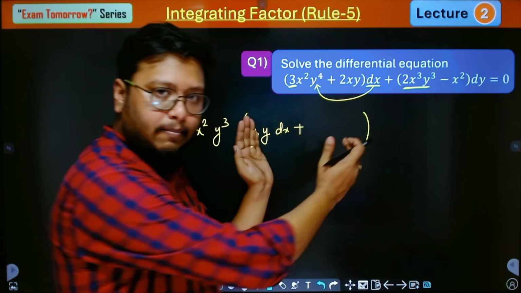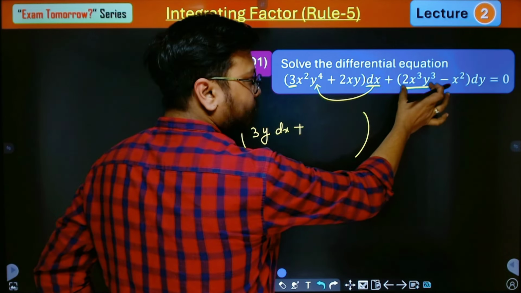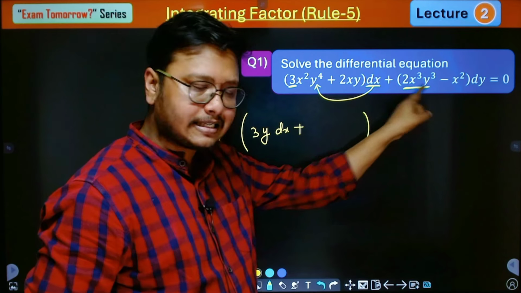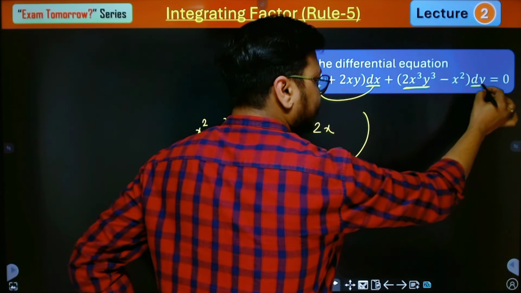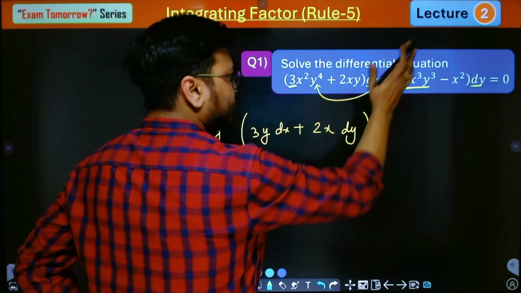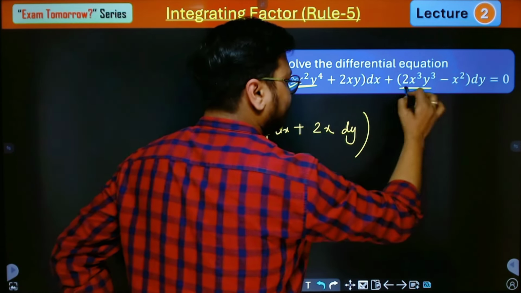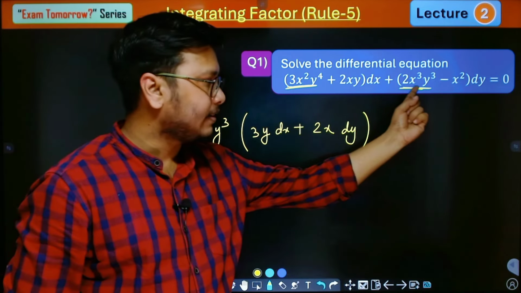So we are going to pair them up. If you take x square y cube common from here, what are you left with? You are left with 2x, and dy is associated with it. So that means what have we done? We have paired this term and created these two. If you multiply, you'll get this term and this term.